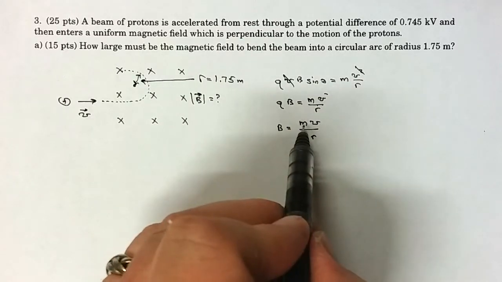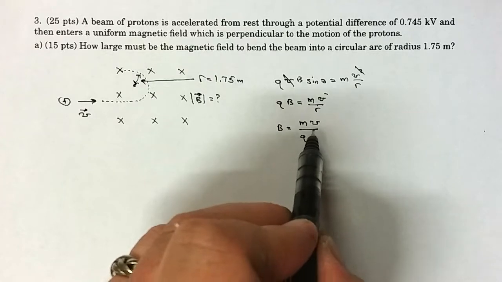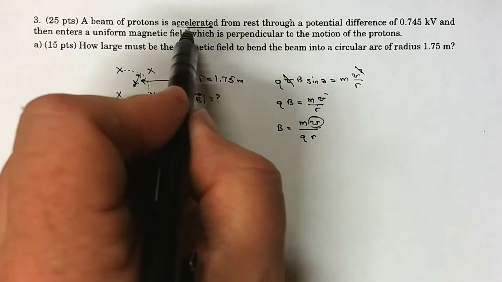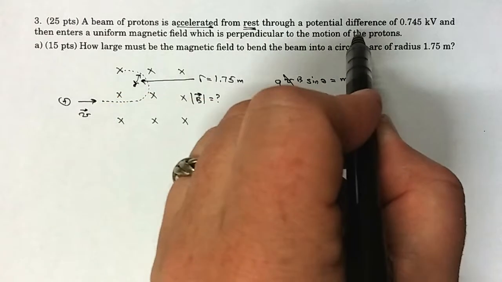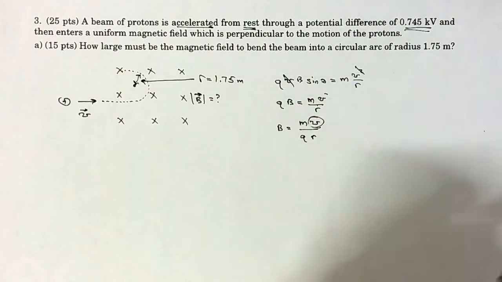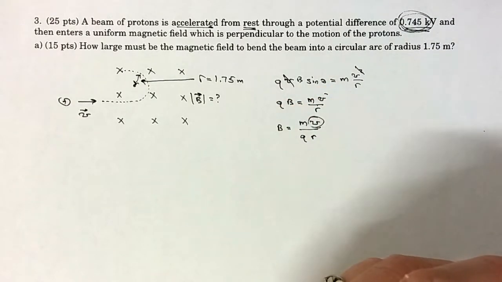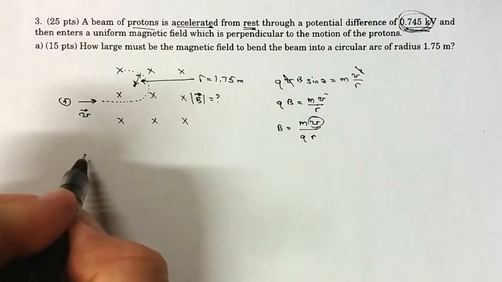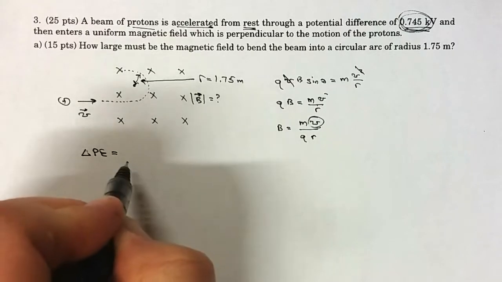So we know the mass of a proton, we know the charge of a proton, and we know the radius of the trajectory that we want, but we do not know this v. However, it says these protons are accelerated from rest, so v initial is 0, through a potential difference of 0.745 kilovolts. So if I know the difference in electric potential, and I know the charge, which we do since it's a proton, then I should be able to find the change in potential energy of this thing.